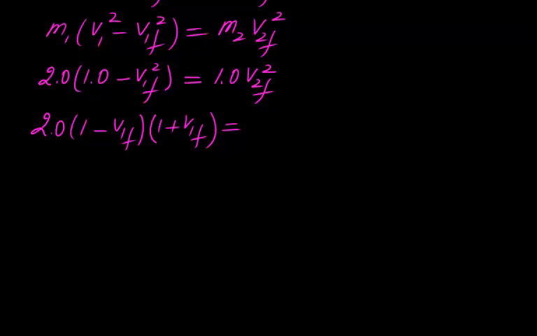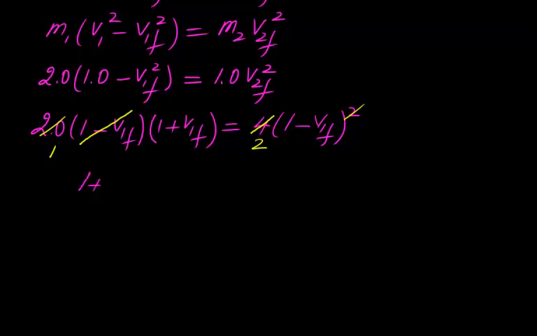Because it's in a squared form, the 2 becomes 4 times 1 minus v1 final squared. The term 1 minus v1 final is going to cancel with the square here. The 4 and the 2 are going to simplify 2 to 1. Therefore, this expression is going to be very simple.